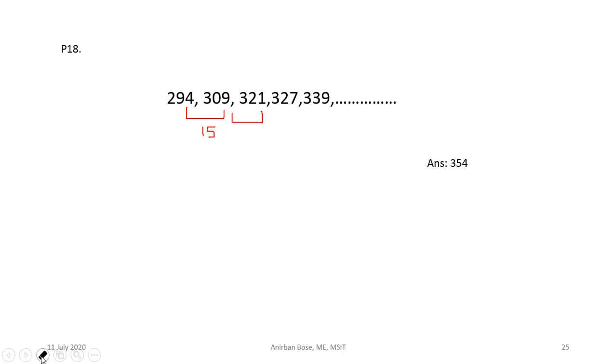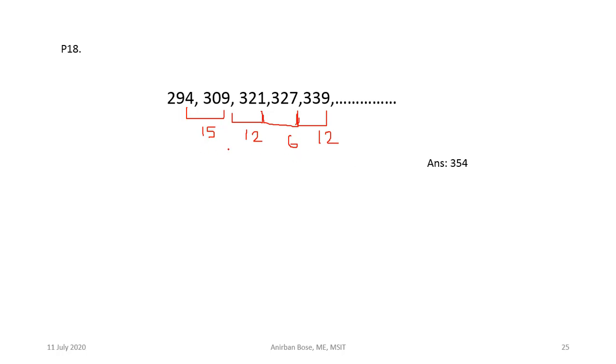then I should write it here, 9 and 21, so that is 12, then 21 to 27, and that difference is 6, right? And 27 to 39, that difference is 12. Okay, now you see what is the relationship: 15, 12, 6, 12.